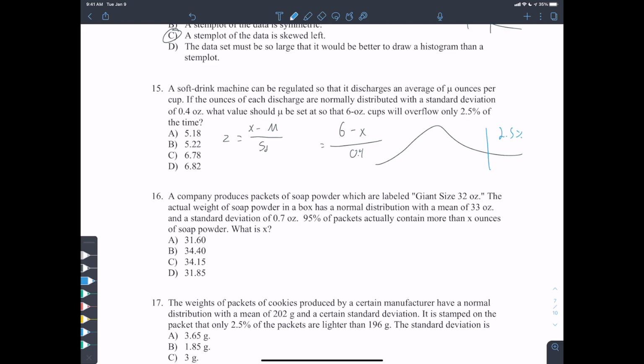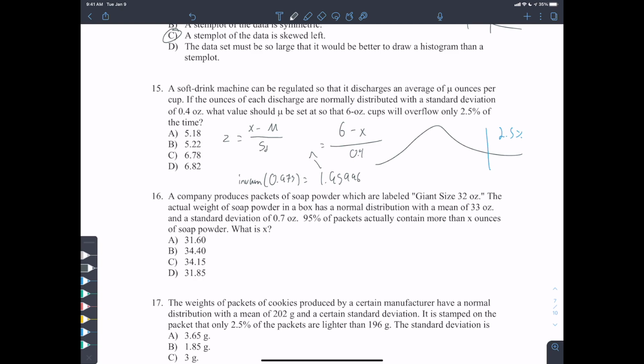So you need to do inverse norm. You can look at the table, but I'm just going to do inverse norm of 0.975 because that's what 100 minus 2.5 is, which gives you a z-value of 1.95996.